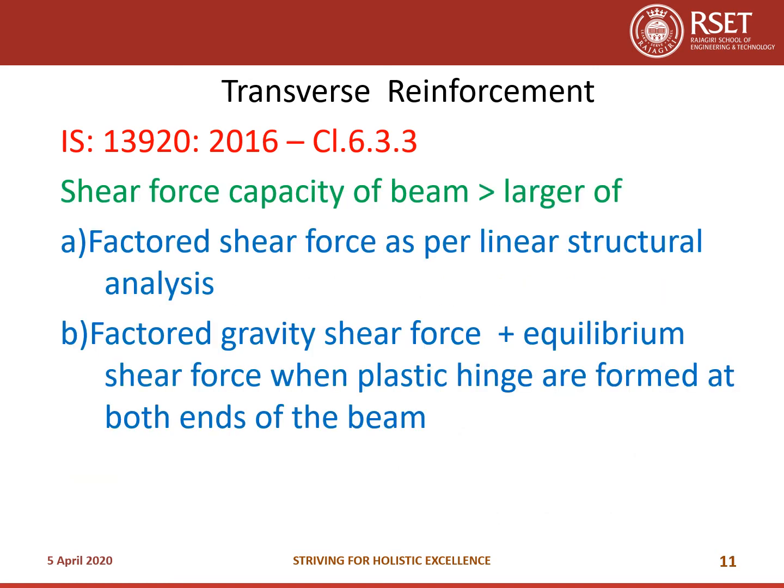As per clause 6.3.3, the shear force capacity of the beam should not be less than the factored shear force as per linear structural analysis and the factored gravity shear force plus equilibrium shear force when plastic hinges are formed at the ends of the beam.